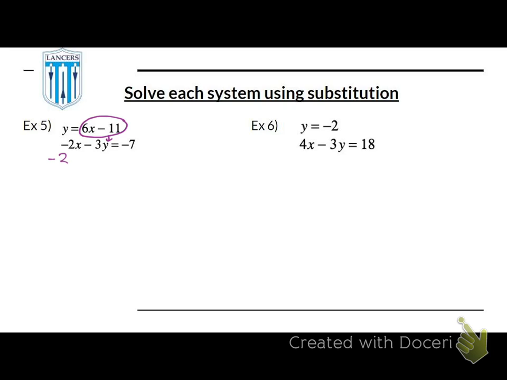This time it will be important to have parentheses where the y was so that we remember to distribute. So in those parentheses, that's where I'm putting the 6x minus 11. Questions about the substituting part on this one?